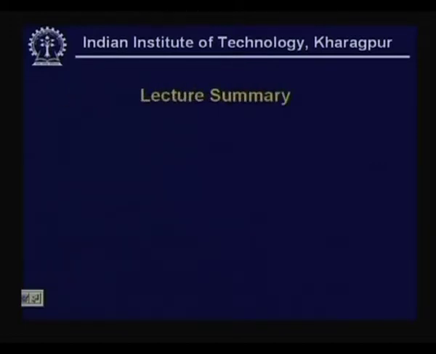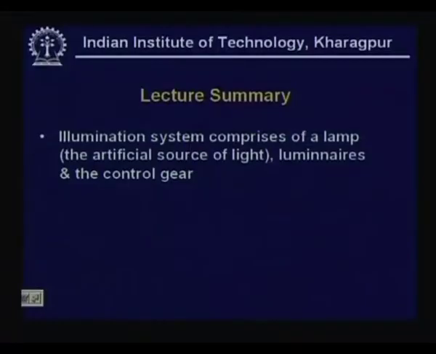So, in effect one could look at the summary of the lecture on illumination systems as follows: an illumination system comprises a lamp, that is the artificial source of light, luminaires and the control gear.